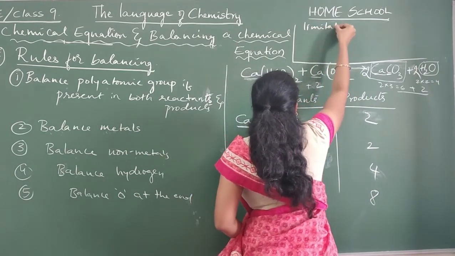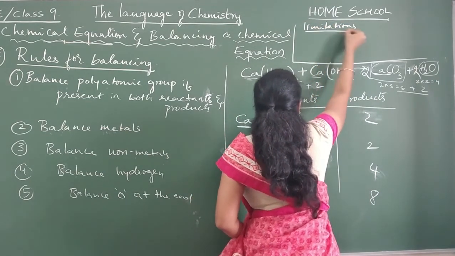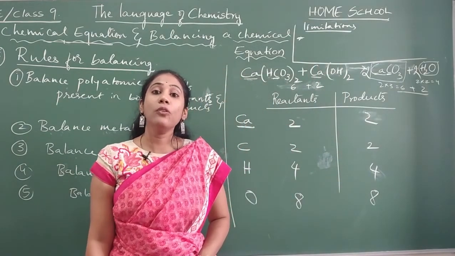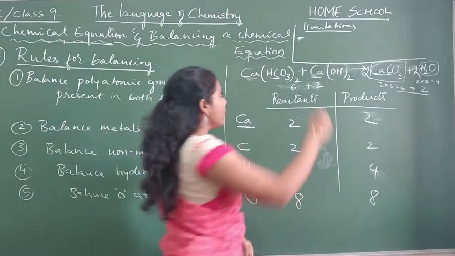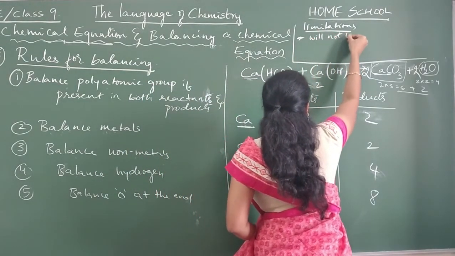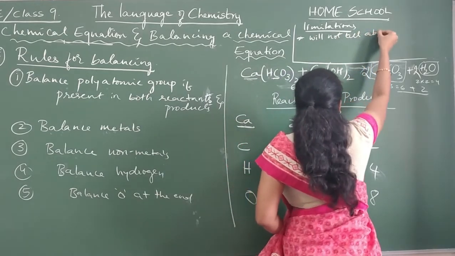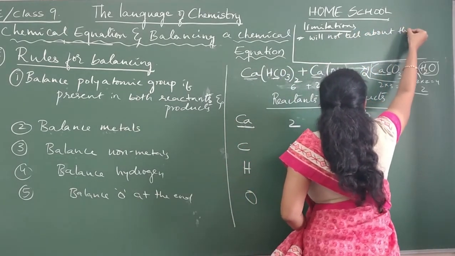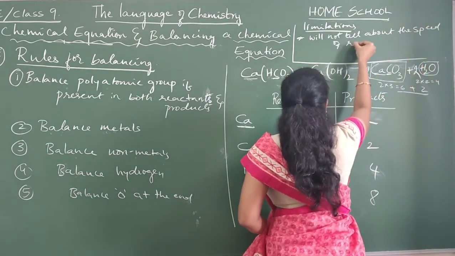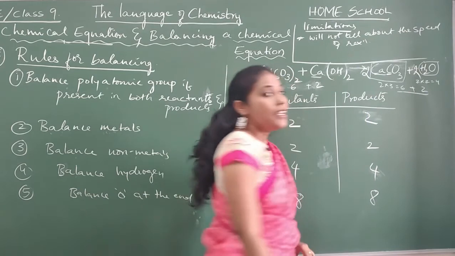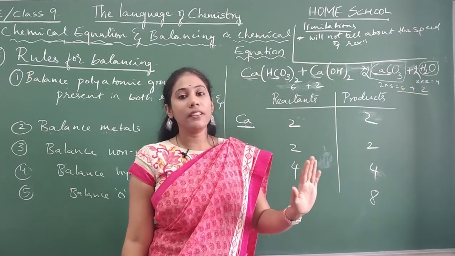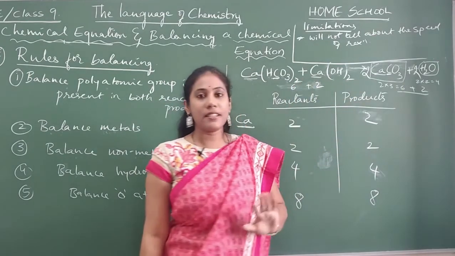Limitations of balancing. The first limitation is the balanced equation will not tell about the speed of the reaction. Yes or no? This is one limitation. So in how much time the reaction is getting completed, all that you will not come to know just by looking at the balanced equation.